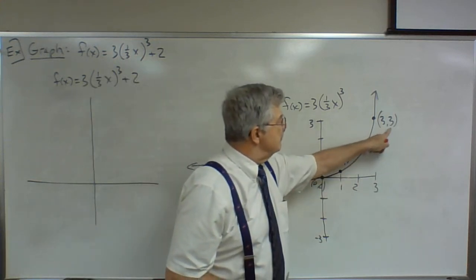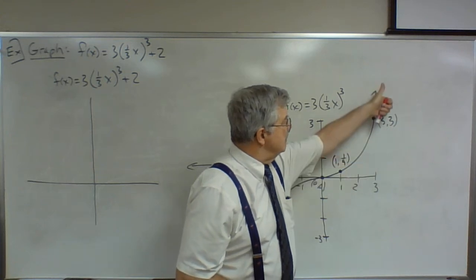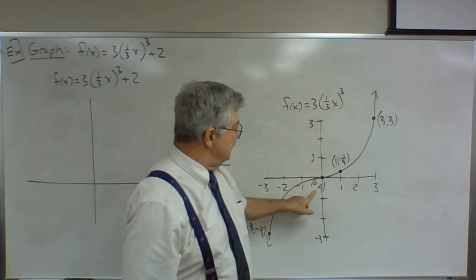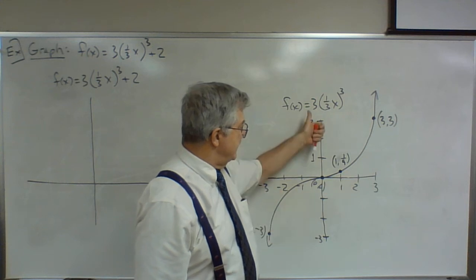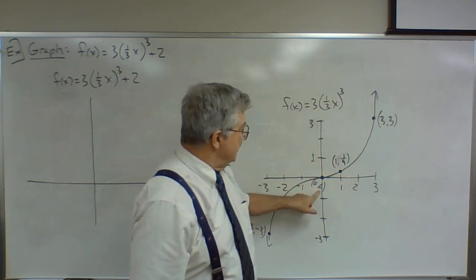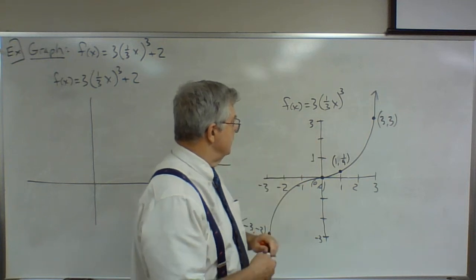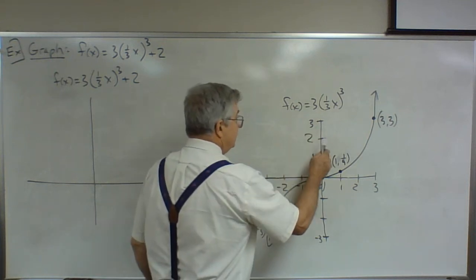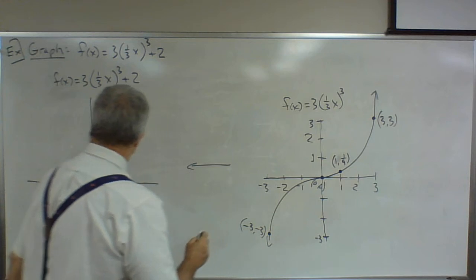This point 3, 3, it's going to get jacked up 2 units. This point 0, 0, it's going to get jacked up 2 units. Let's start with this. The origin gets moved up 2 units, so it's going to wind up here.